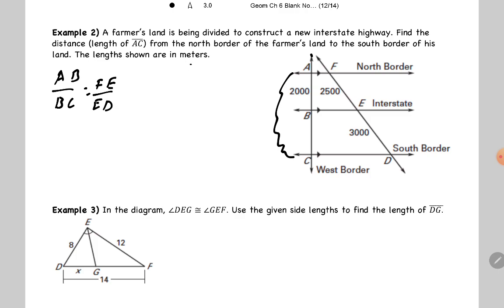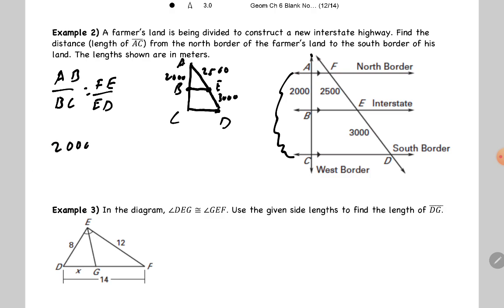So basically we're just doing the same thing that we've been doing. So look at this triangle here, and then we have something that splits it. So if you look at A, E, B, C, and D. This one's 2,500. This is 3,000. This is 2,000. So just like before, it's being split up proportionally.